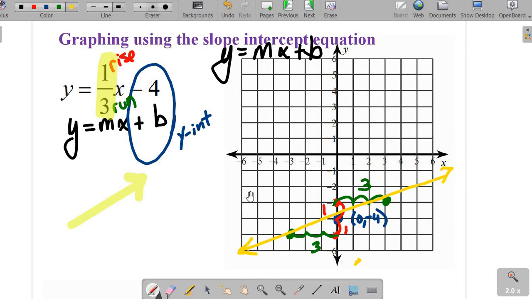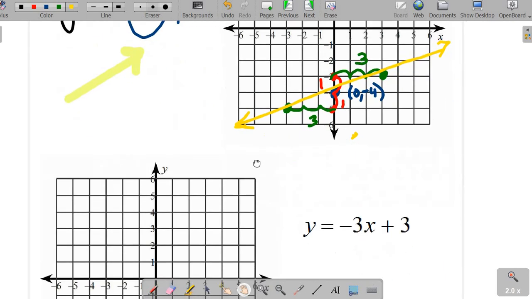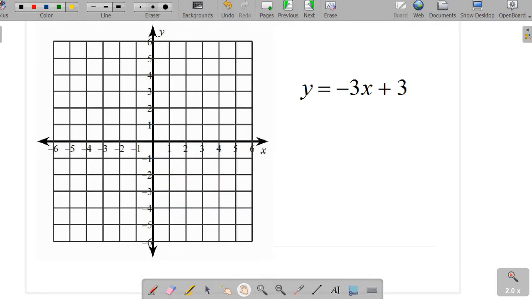Let's try another one. Notice I always write the equation directly underneath of the given equation. You want to line those up.